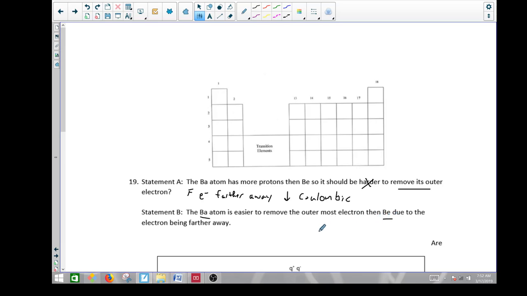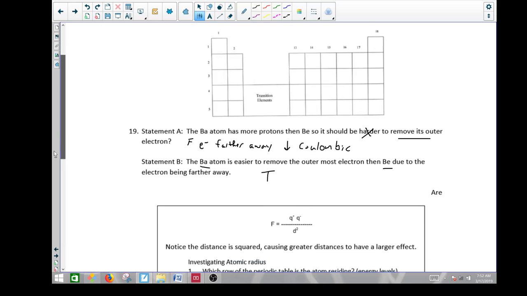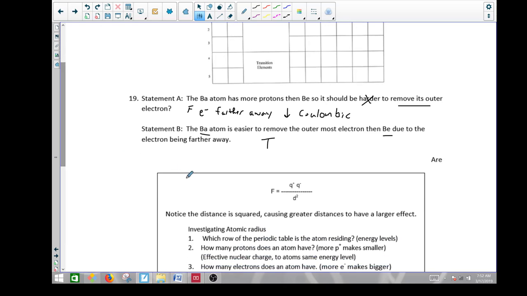And the answer is true. Again, it's just farther away. So we always reference energy levels first. Reminder: energy levels, number of protons, then electrons. That's like right here, and we reference the particulars on that as well.